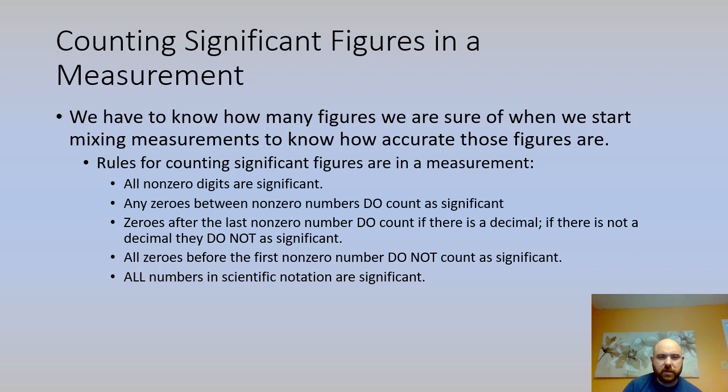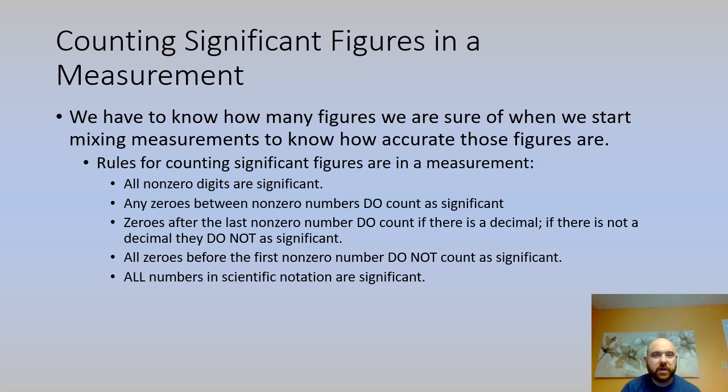Zeros after the last non-zero count if there is a decimal. If there is not a decimal, they are not significant. And all zeros before the first non-zero number are not significant. And then finally, as a special aside, all numbers in scientific notation are significant.